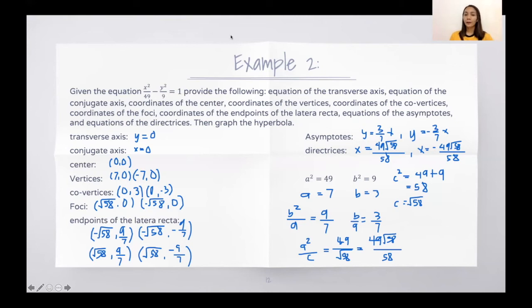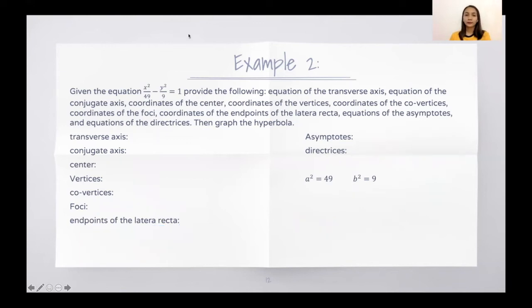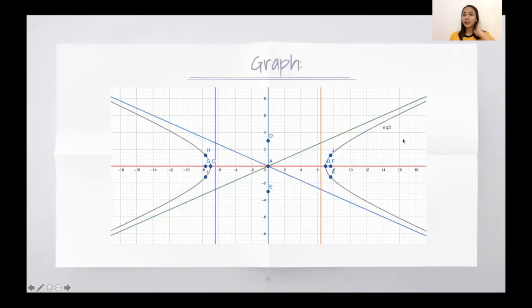Okay, so since we've completed the coordinates and the equations of a hyperbola, we can now graph the hyperbola. So if you're going to graph the hyperbola, the graph will look like this one. Okay, so this is an example of a horizontal transverse axis. So as you can see, yung branches ng hyperbola, ang directions niya is left side and right side.